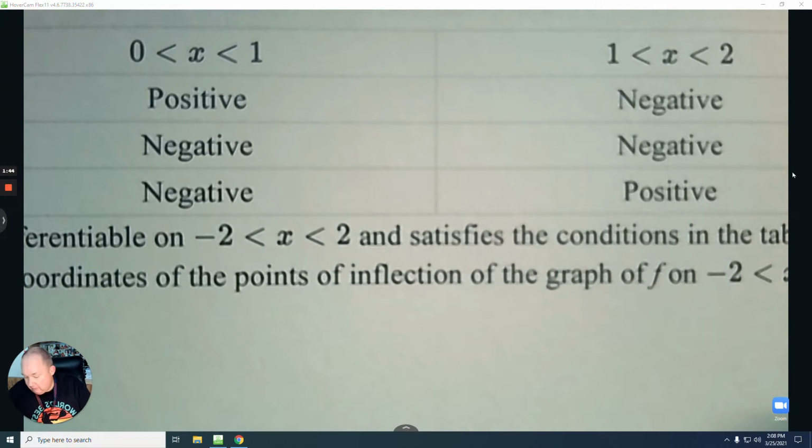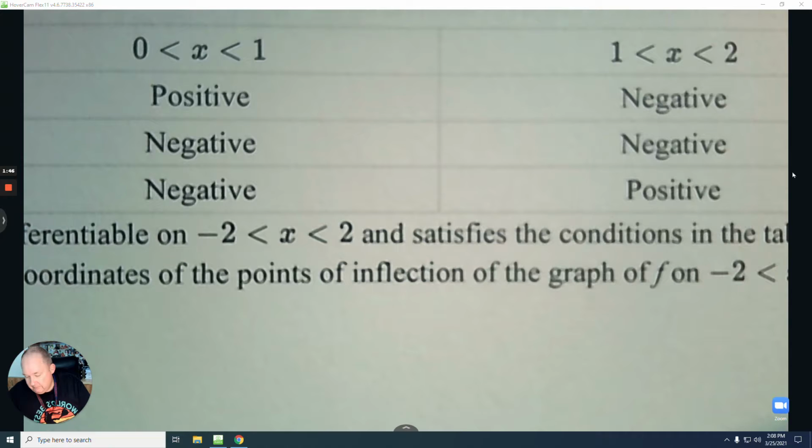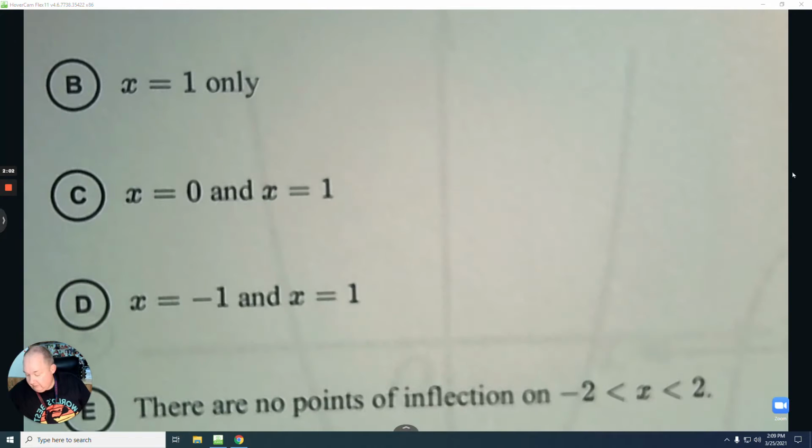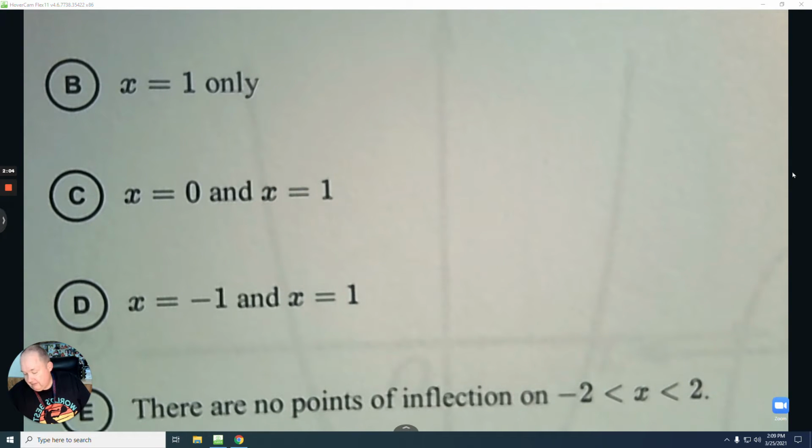So step number 1, I want to organize the information a little bit. If I want to understand where the points of inflection are, that's where it changes from negative to positive. And then you have all these different options here that you have to look at to see which one would match.